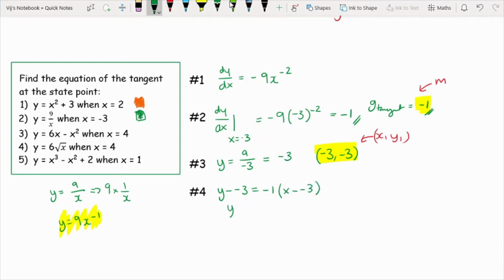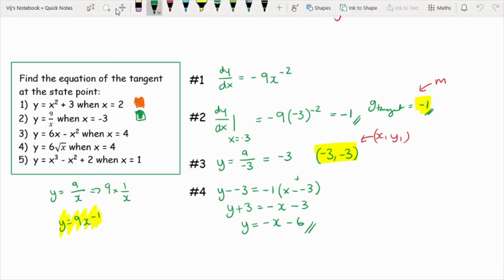And if I simplify that, I get y plus 3 equals minus x minus 3, because that becomes a plus. And then simplifying this further, I get y equals minus x minus 6, and there is the answer to the equation of the tangent.